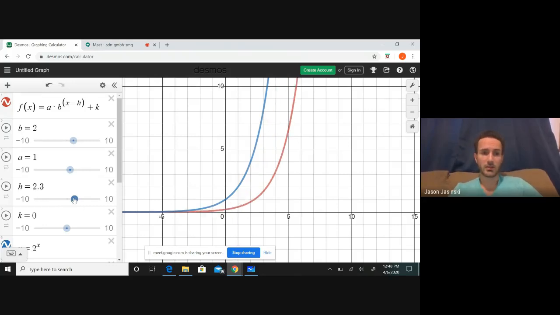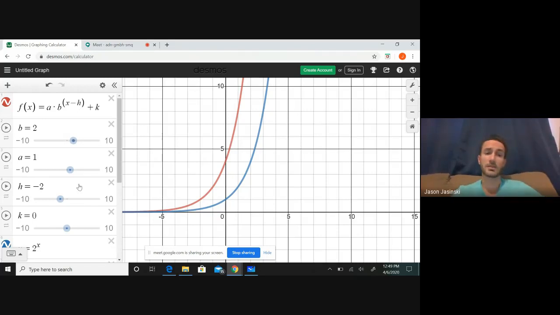If I put it at 2, x minus 2 implies 2 units to the right. If we have an h value that's negative, say -2, it means to the left. However, the formula would say x minus -2, so you actually would see x plus 2. So this will become more clear when I do another example. So if it says x plus 2, you go 2 units to the left.